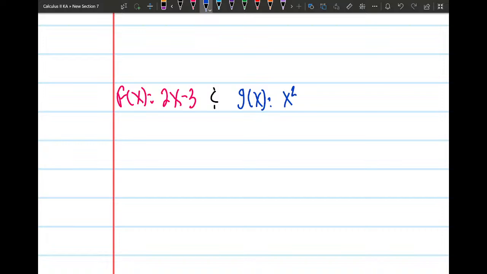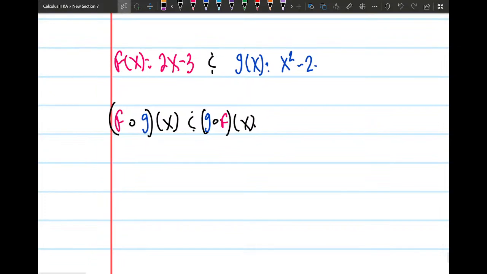So if I have, for example, f of x equal to 2x minus 3 and g of x equal to x squared minus 2, I want to find the following: f composed of g of x and g composed of f of x.